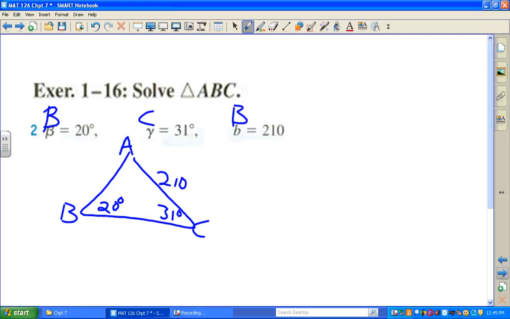Could you prove two triangles congruent with angle side angle in your statements and reasons? Yes, you could. That means there's only going to be one possible triangle as a result. So, the easy part. What's A? 129. On these parts, I try to live up to the expectations I told you before. I only try to use the given to find everything else. Sometimes you have to use your result to find it, but I try to avoid that as much as possible.